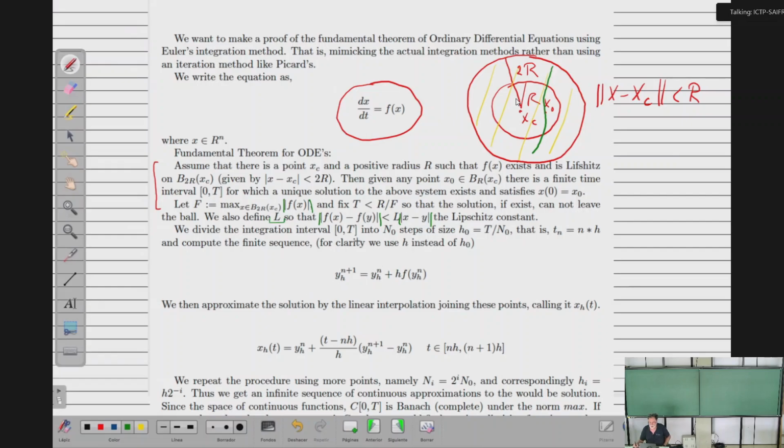So now we divide the integration interval 0 to t into n0 steps.